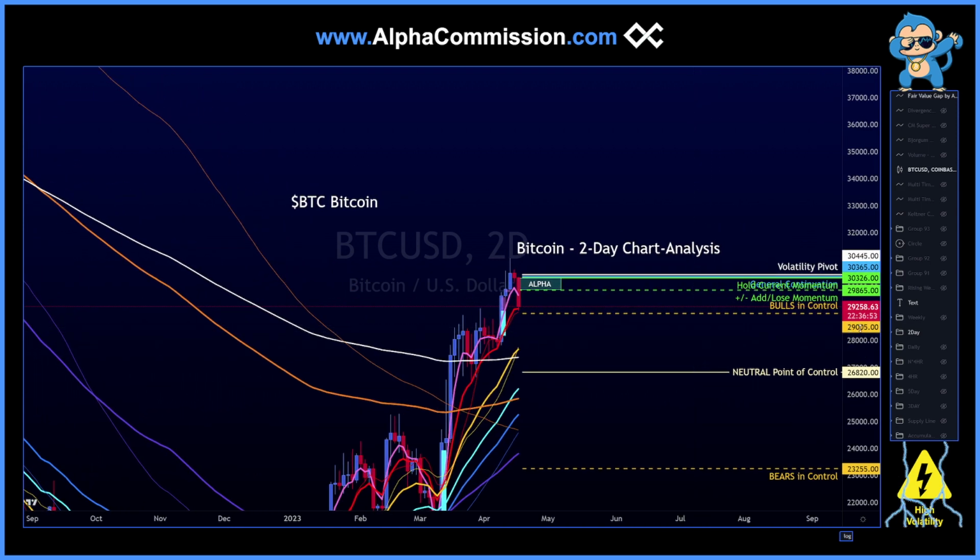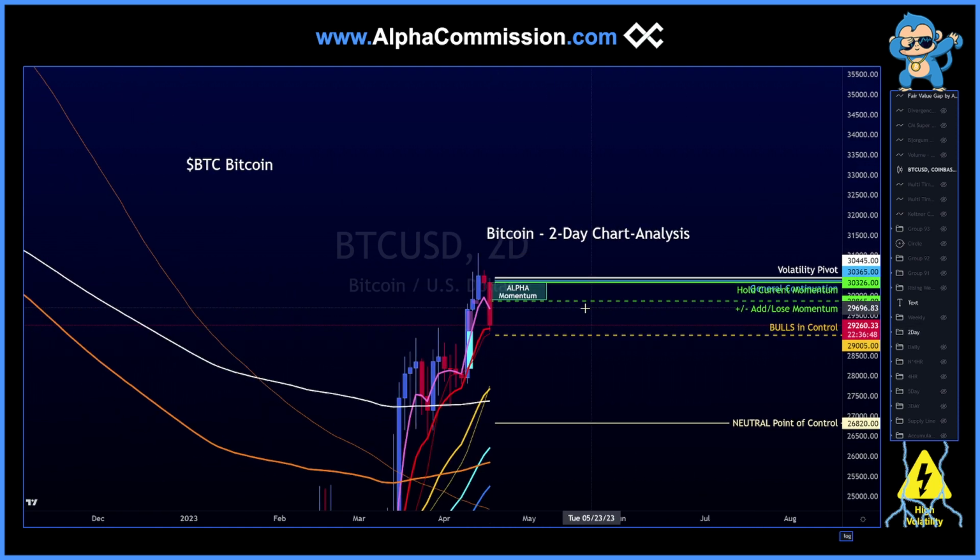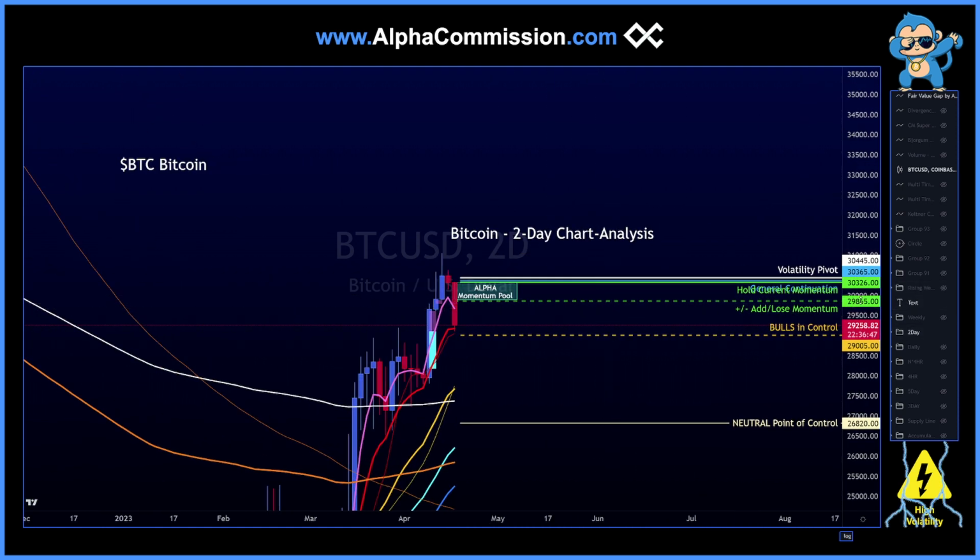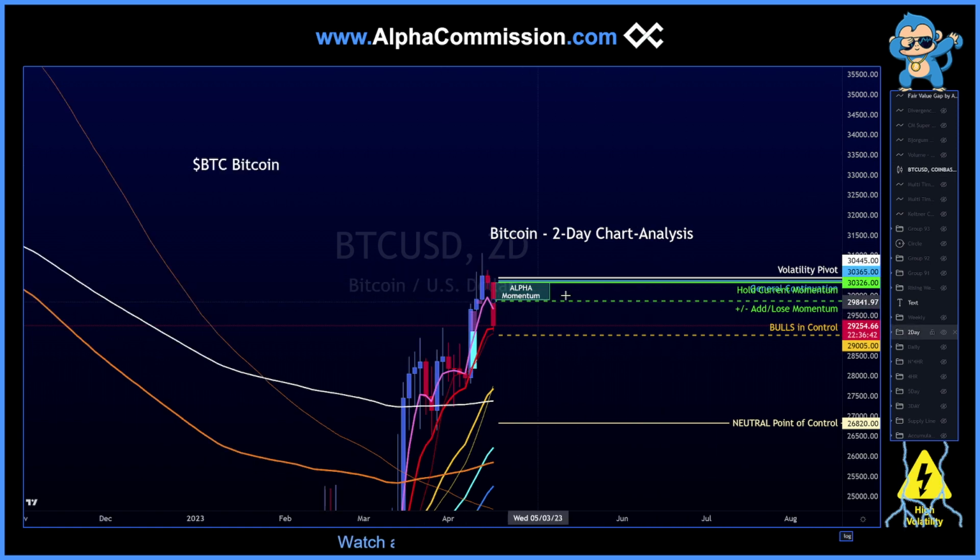Really, that key level is 29,000. And if we do want to get a little bit more bullish, then we are going to need to reacquire, again, 30,000, which is pretty similar across the board. And right now, our volatility pivot is at 30,450-ish. And so that should be a major target within the next couple days. But again, mathematically, it will slowly move down.